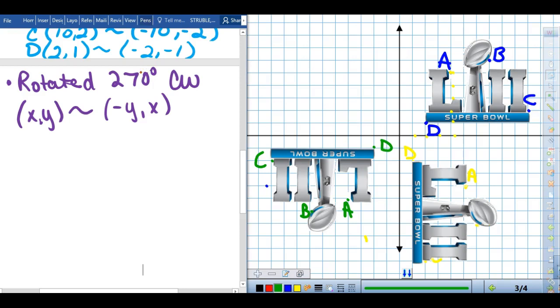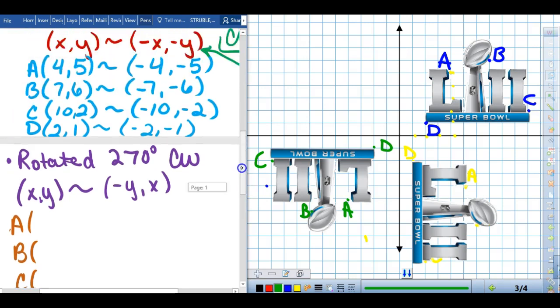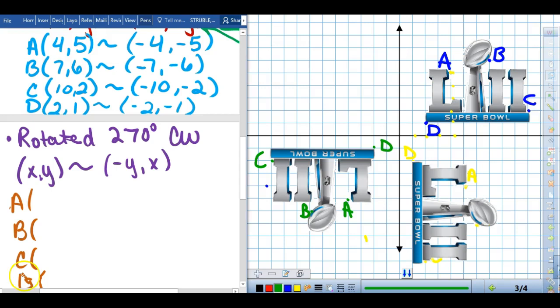Let's see, I forgot what. Let's use this one. Okay. If you want to try these on your own, go ahead, please work ahead and see how you do. Pause the video and then come on back, see how you did compared to what the correct new coordinates are.